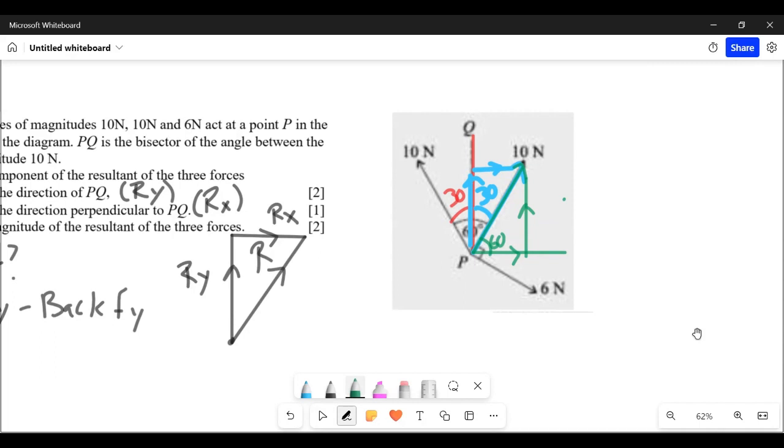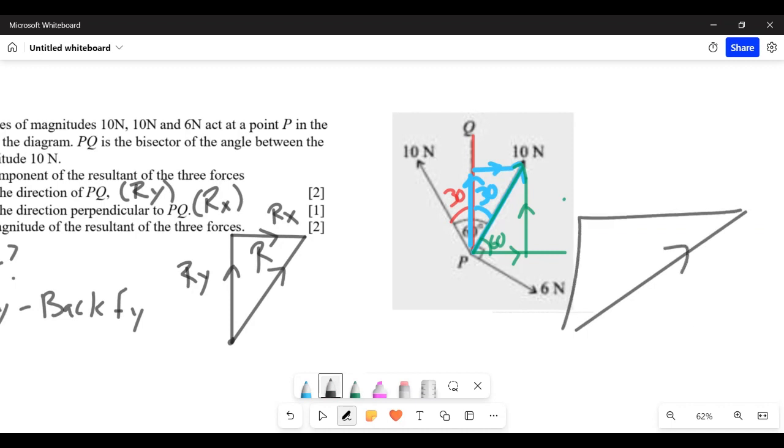The final answer will be the same whether you use 30 and the blue triangle, or 60 degrees and the green triangle. You just need a right angle triangle around the force. It does not matter which. I'm going to stick to the blue one.